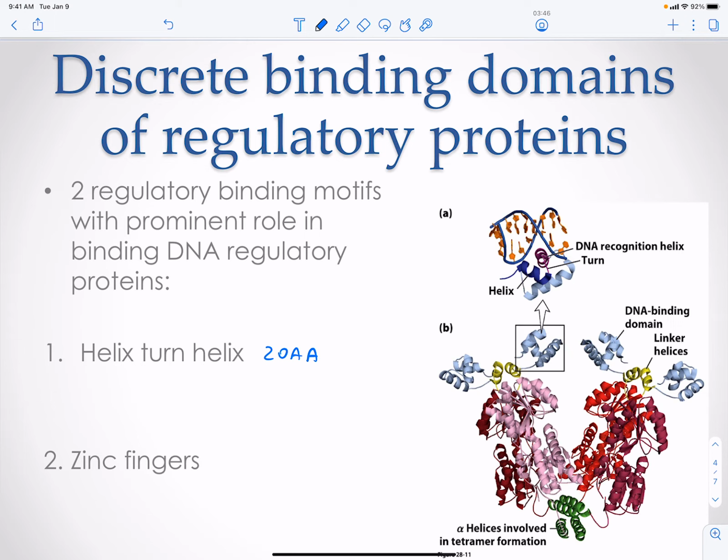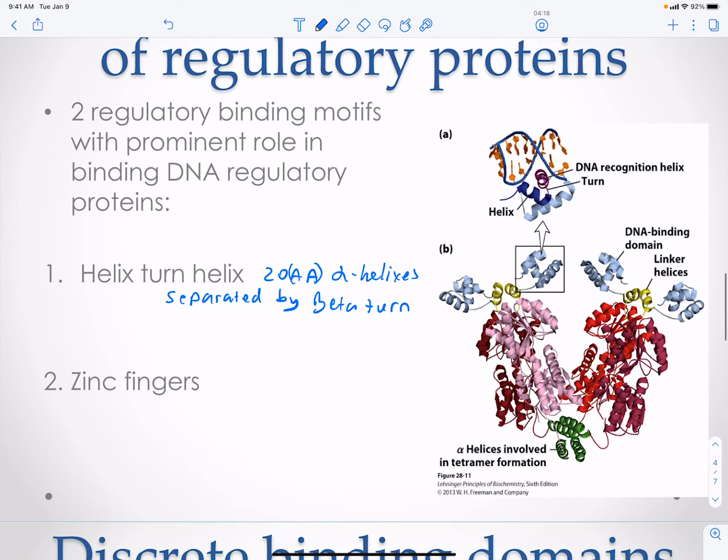So you have 20 amino acid alpha helixes, and these are going to be separated by a beta turn. And then these are not very stable, and usually one of the alpha helixes is going to be the recognition sequence that is doing the regulatory part.